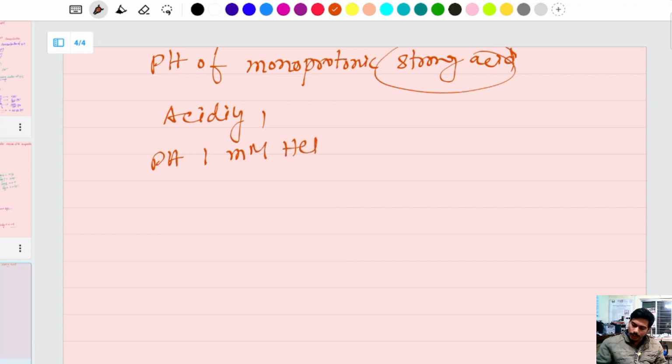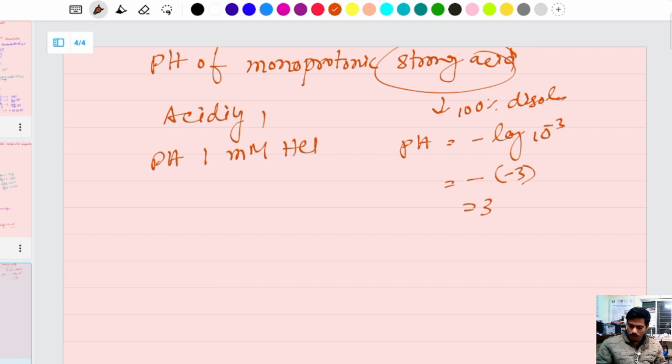Strong means you already know it dissolves 100%. So pH equals minus log of 10 to the power minus 3, that means 3 comes here, minus minus 3 equals 3. Hope that you can understand this calculation.